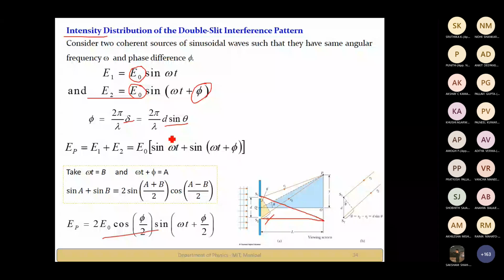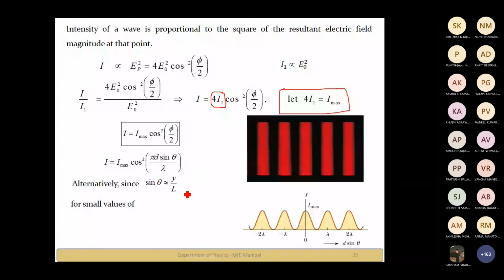Alternatively, since sin theta is equal to y by L, we can put the equation in a similar form, but under a small angle condition, that is, for small values of theta, which is of course valid in case of interference. The values of theta will be very small. So you will see the equations can be rewritten differently. This is one of the forms, and this is another form.